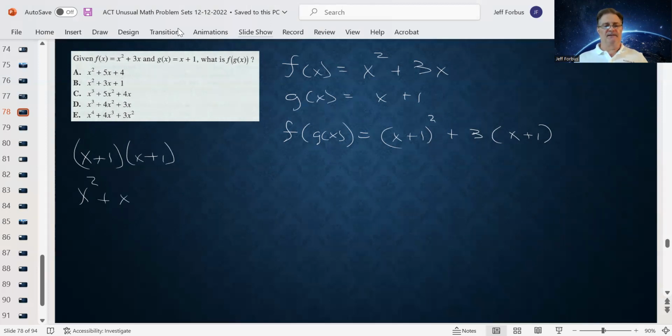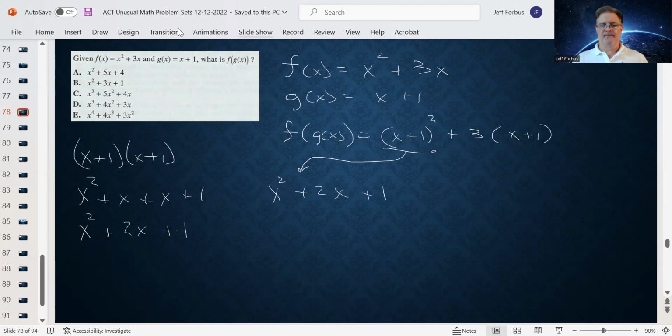Positive 1 times a positive x is a positive x. And then a positive 1 times a positive 1 is a positive 1. Okay, clean this up. x squared, how many x's are there? There are 2 of them, plus 1. So now, this binomial being squared, we know is x squared plus 2x plus 1.